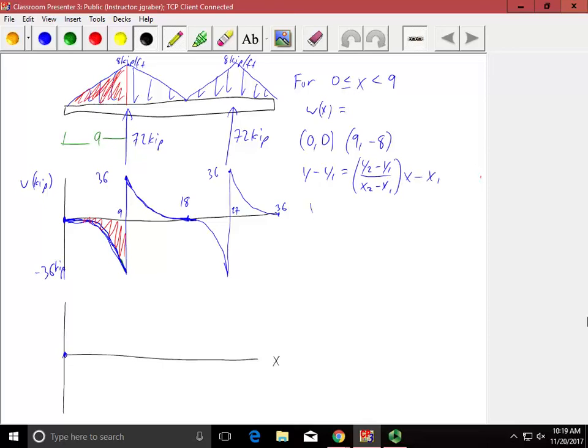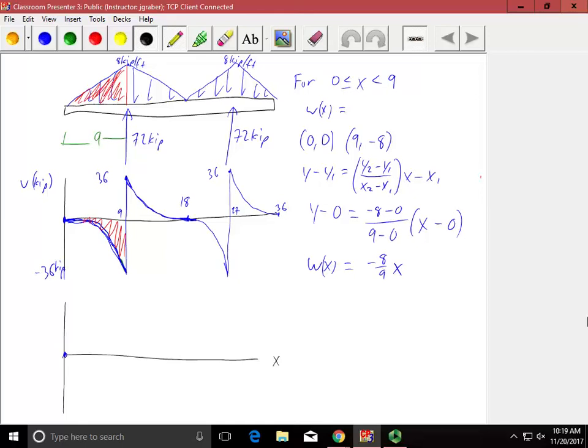Plug those in. y minus 0 equals (negative 8 minus 0) over (9 minus 0) times (x minus 0). So y, which is really my w(x), is equal to negative 8/9 x.